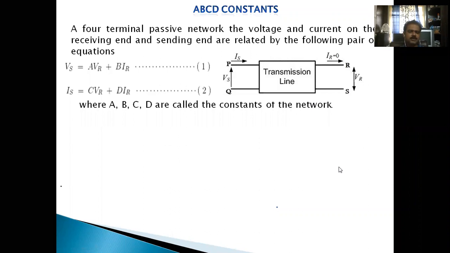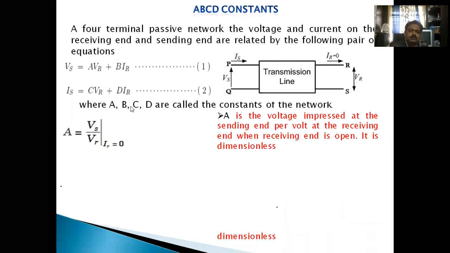Any transmission line, either a short, medium or long transmission line, can be represented by ABCD constants. The same short transmission line can be represented using ABCD parameters, and we can also find the regulation and efficiency using these constants.